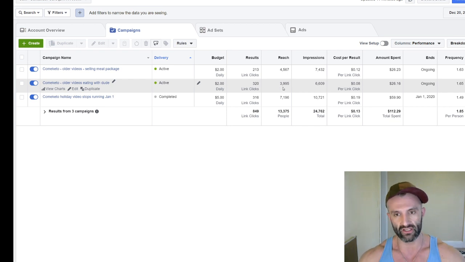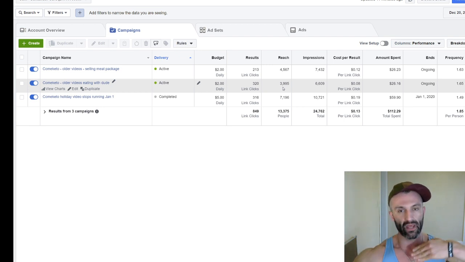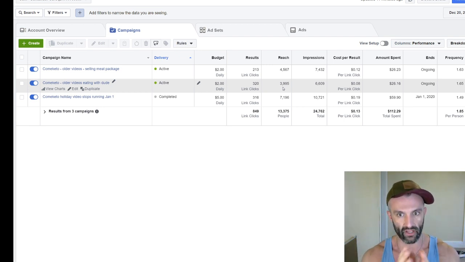The reach, so impressions might be like somebody sees your thing twice, right? So that would be an impression, but individual people would be the reach. One person might see it 4 times, so that's the impressions, then the total number of people that actually saw it would be 4,000. So look at this. He's got it in front of 4,000 people for a total of $26.